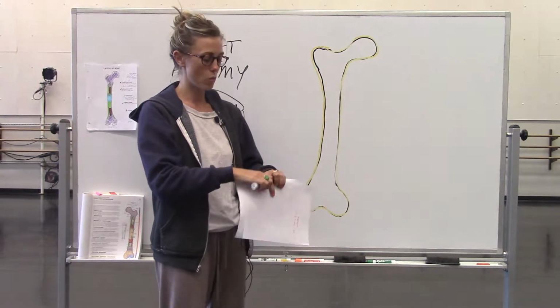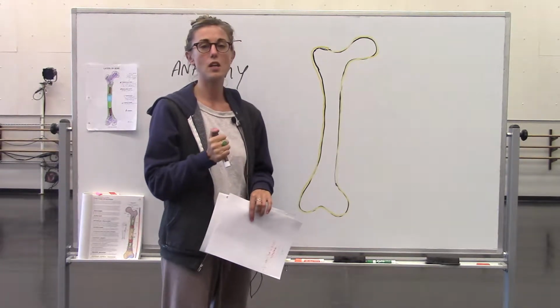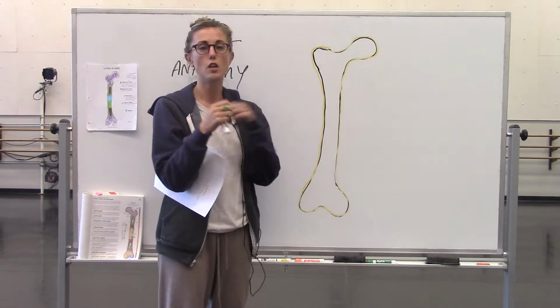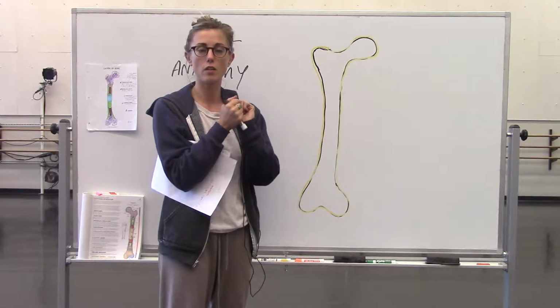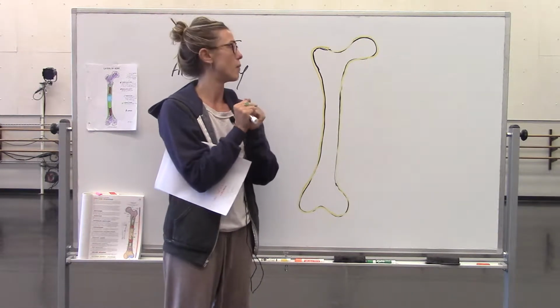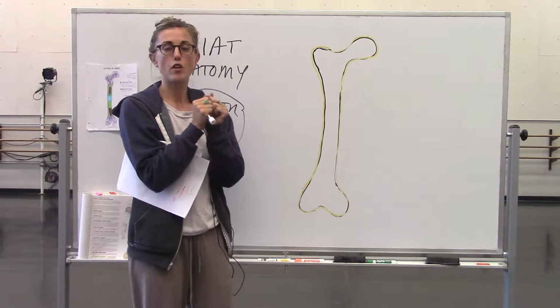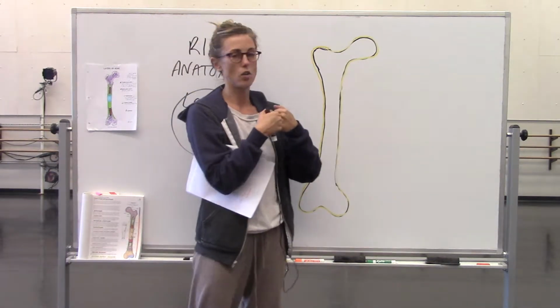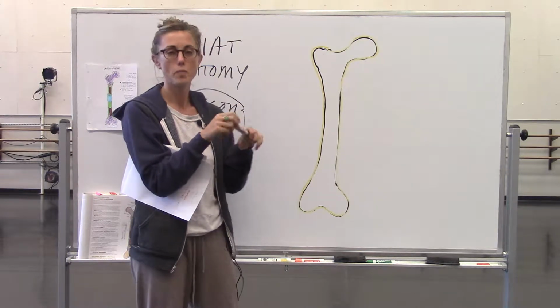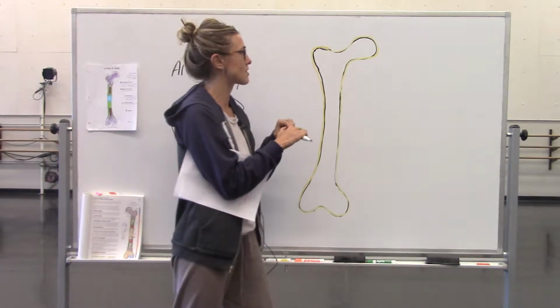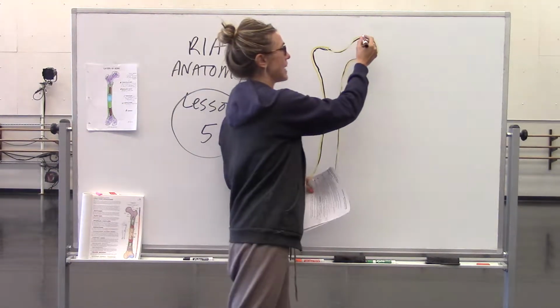Anytime you hear the word articular, it's in reference to a joint. So two bones articulating with each other, coming into relationship, makes for a joint. And on either side of that joint, you're going to have articular cartilage. So it's slippery and glidey.